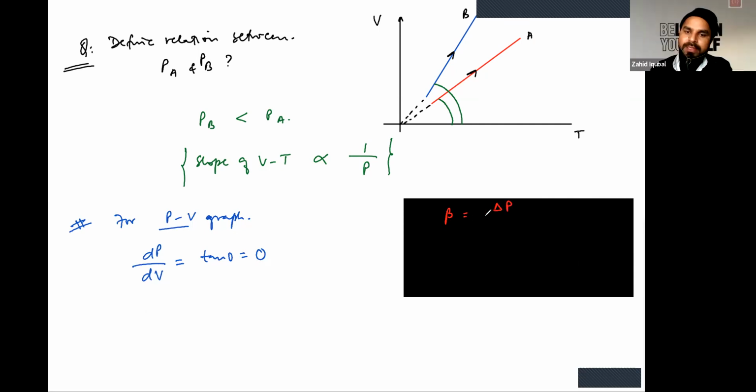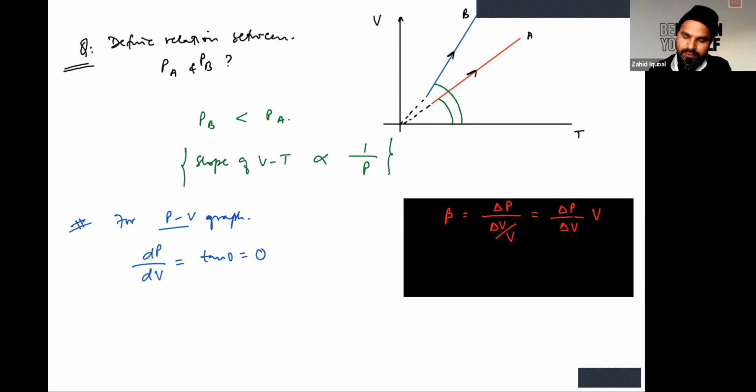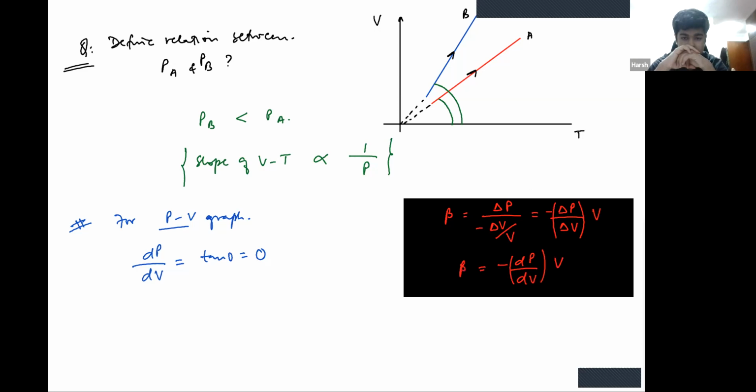Stress is simply the pressure applied, while volumetric strain is delta V by V. So we may write it as delta P divided by delta V times volume, with a negative sign since the volume of the body will be decreasing. If we take this to be instantaneous, it becomes minus the derivative of P with respect to volume times volume.